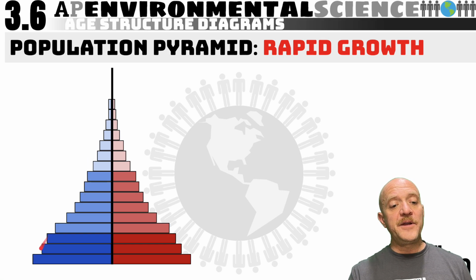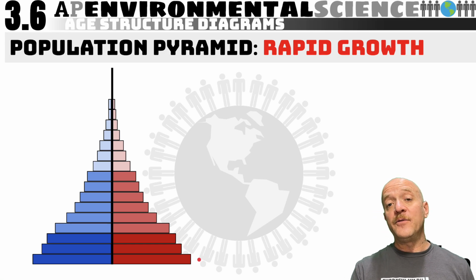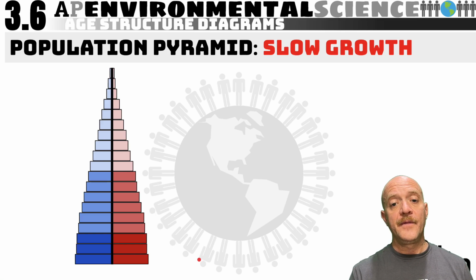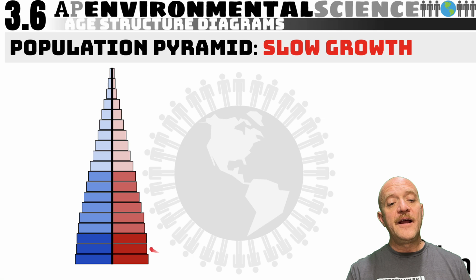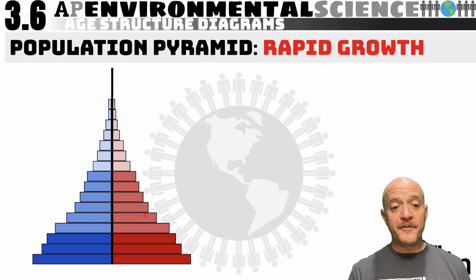So when these pre-reproductive individuals get older, the base of the pyramid will be even wider when their children are considered. Now we have slow growth, and slow growth is where the pre-reproductive is just slightly larger than the reproductive. If you notice, in rapid growth, the pre-reproductive is much larger than the reproductive.